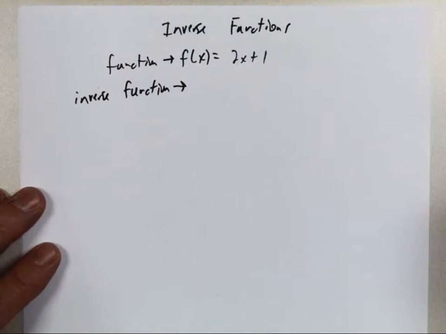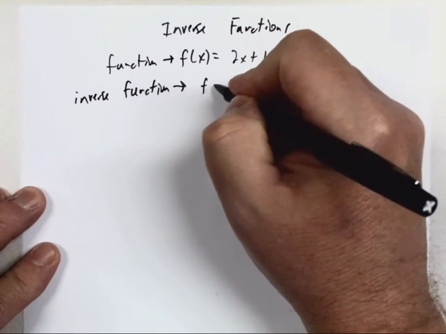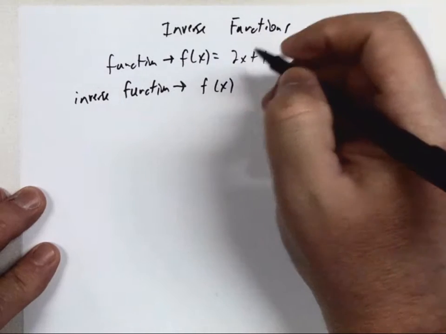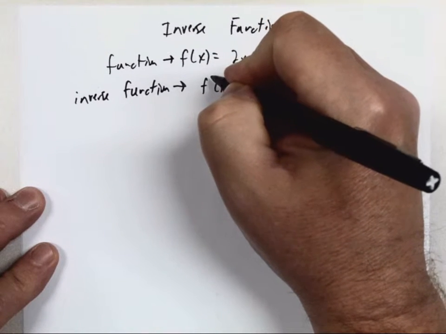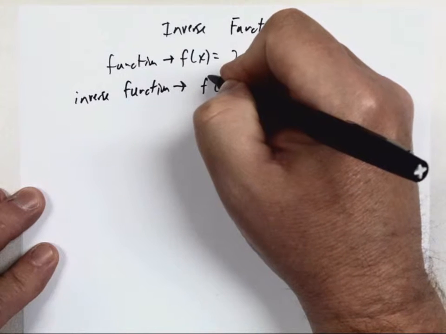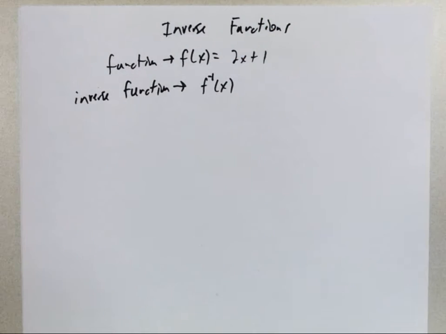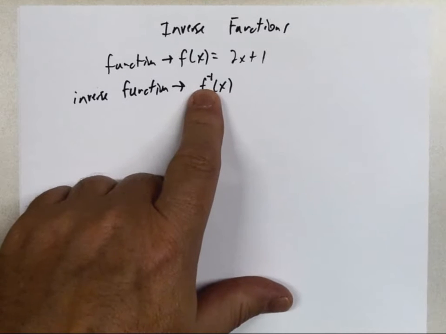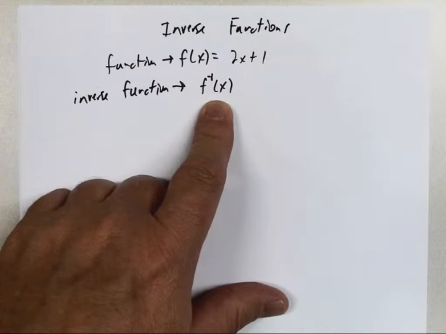In terms of notation, we know it's an inverse function when it's f of x, but up here, it almost looks like an exponent, but it is not an exponent. You simply put a minus 1. It's simply a way to designate an inverse function. This is not like a negative exponent.